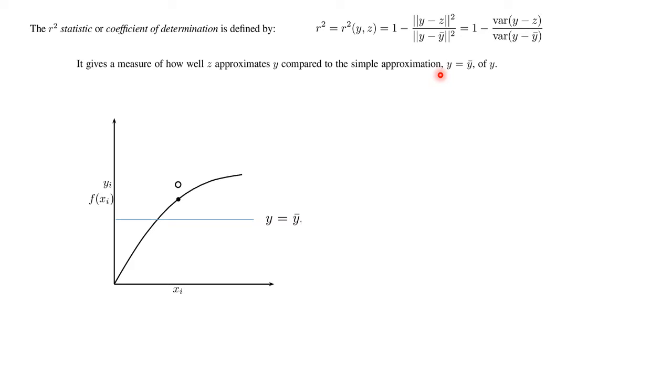So we're taking that y bar there as a fitting function, as a reference one. And so you can see that if the values of z are spot on to the y, so it fits exactly, then this will become 0, and the r squared coefficient will be 1. That's the first prize. That's as good as it can get, and that's a perfect fit.